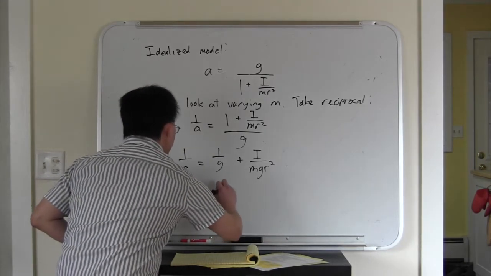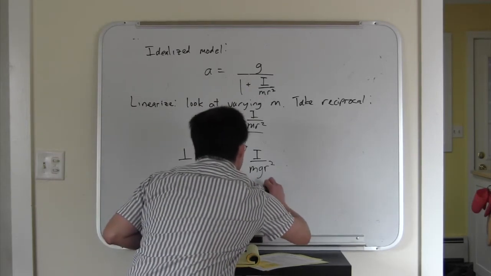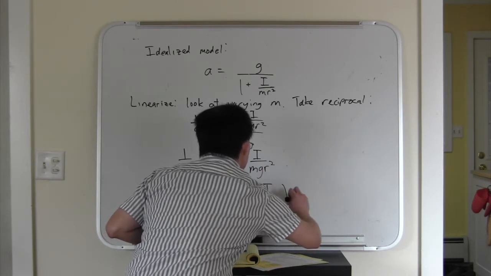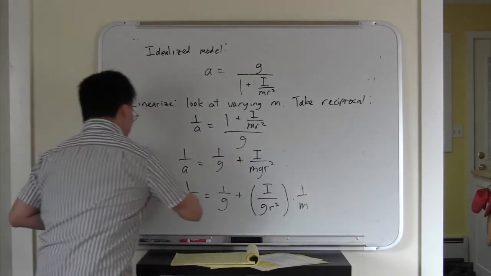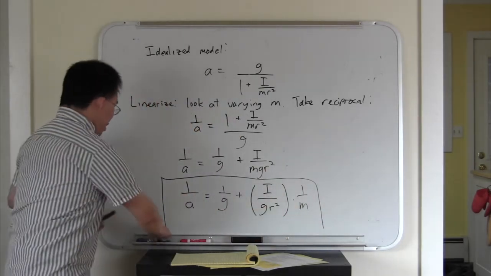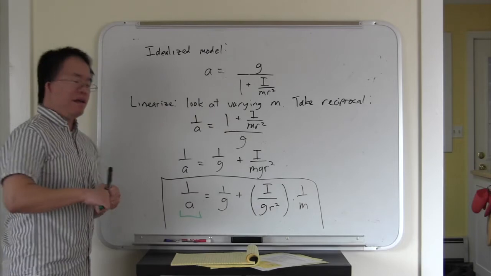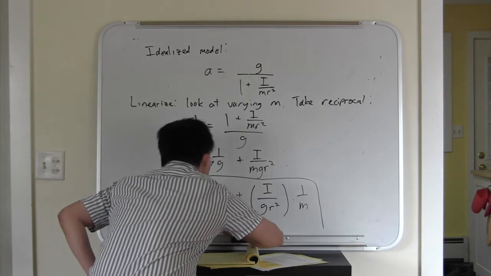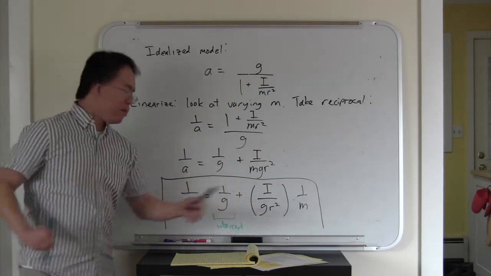So let me write it explicitly in that form. That gives me 1 over a equals 1 over g plus, in parentheses, I over g r squared, times 1 over m. So here is our linearized model, and the things that I want to highlight: we want to look at 1 over a, and then 1 over g is our intercept, and I over g r squared is our slope.